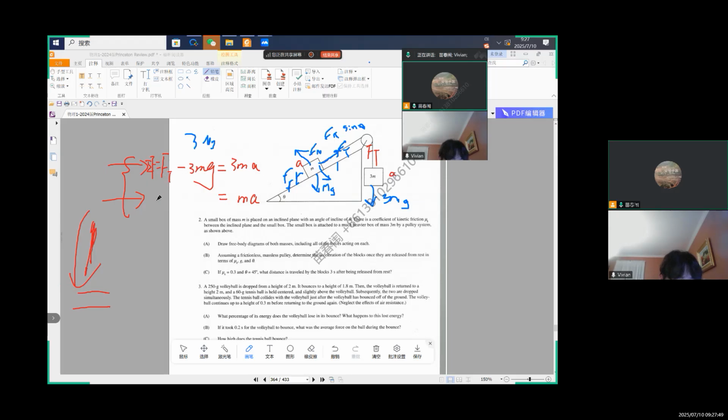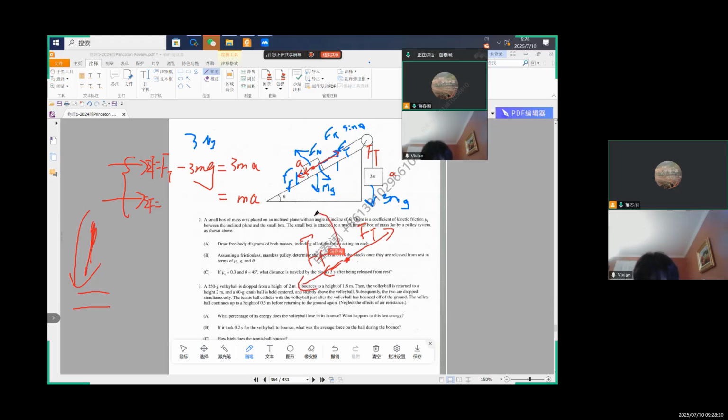All I have to find is this block's sigma F. In this direction you have an F tension, and you also have an F friction, but you also have mg's component. Let me draw again. This is F tension, and this is the friction, but there's also a component.